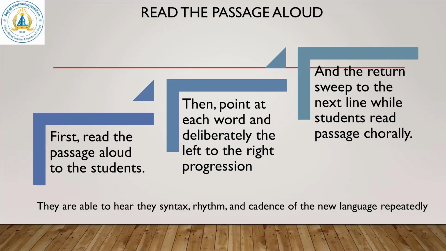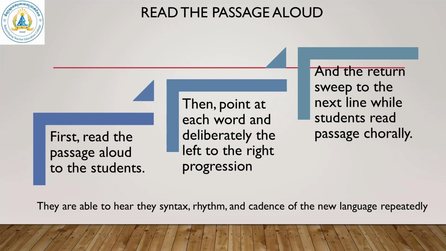Read the passage aloud. Follow the dictation with several readings of the passage, each reading in a different manner. First, read the passage aloud to the students while they follow along, phrasing to avoid stilted word-by-word reading. You may then echo read, or have students repeat every line after you model it.